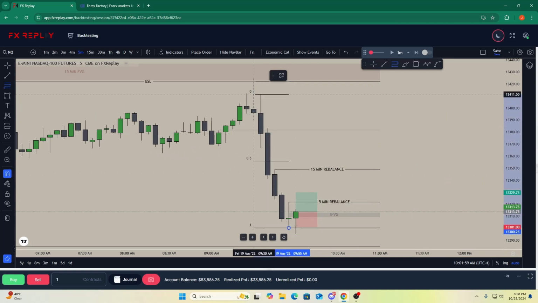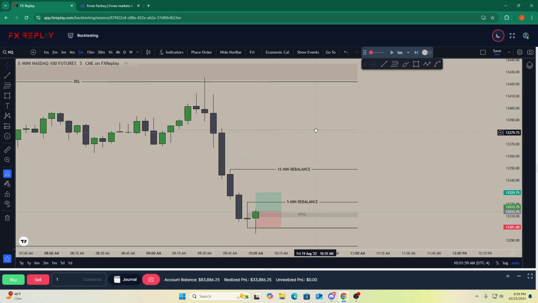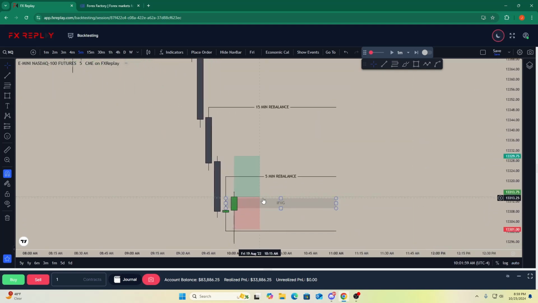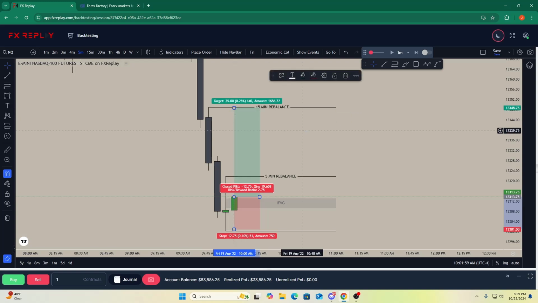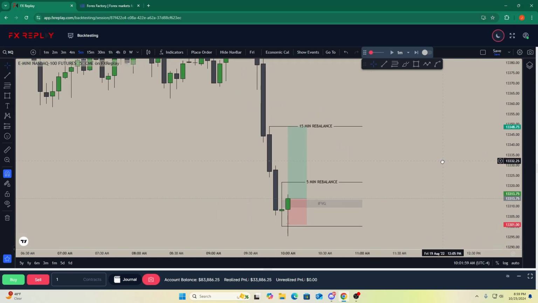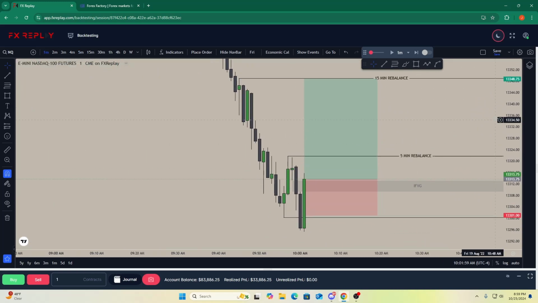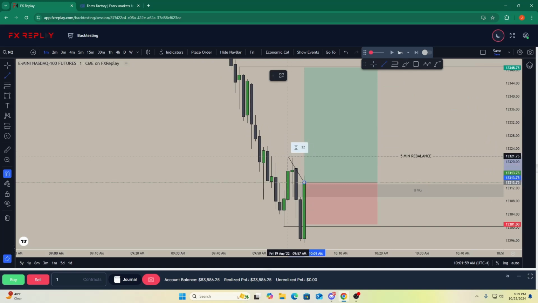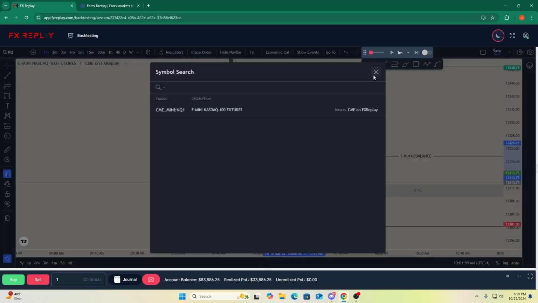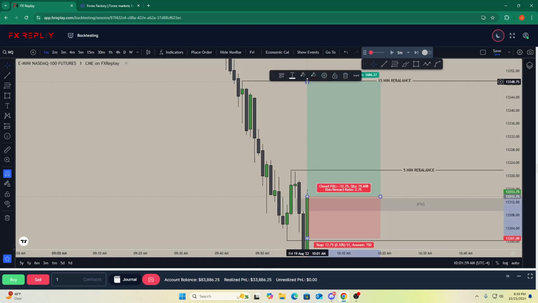Don't target this whole leg down here. So I want to target full 15-minute rebalance here because I was going to target equilibrium of the dump we had here. But I think we can just 5-minute rebalance, break even there, and we can partial at a 1-to-1 if it's going to end up giving it to us.